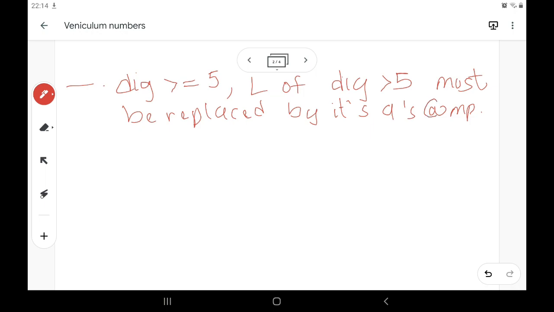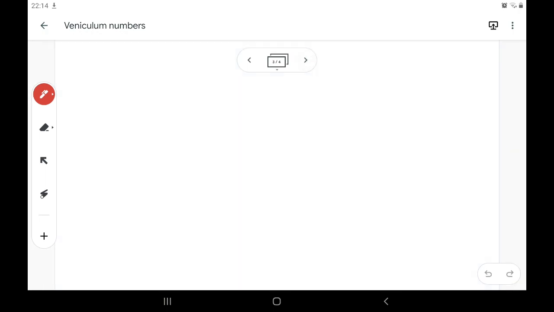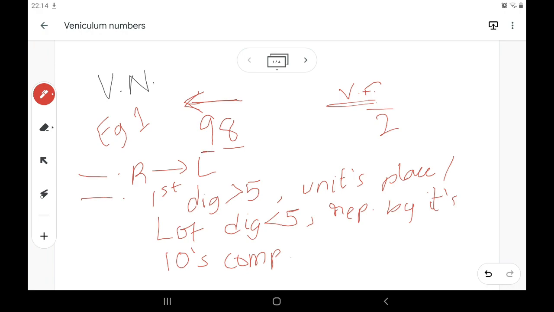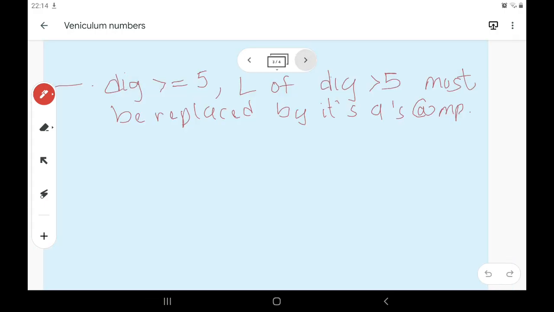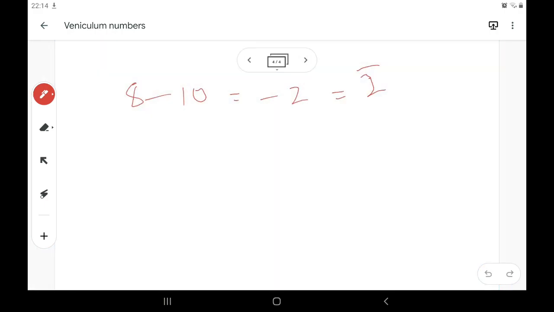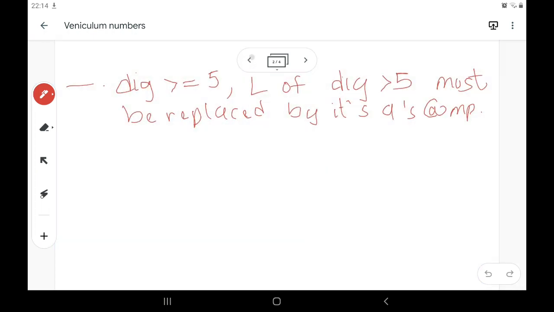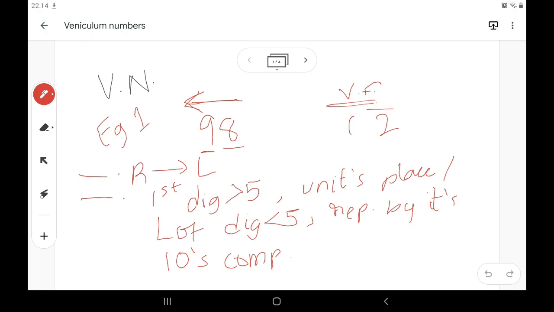So a digit that's greater than or equal to 5 to the left of a digit that's greater than 5, or sometimes greater than or equal to 5, must be replaced by its nines complement. So in our example, 9 is to the left of a digit that's greater than 5. So you replace 9 with its nines complement. That is 9 minus 9, which is equal to 0. So 0 will be at the tens place of the Vinculum form of 98.